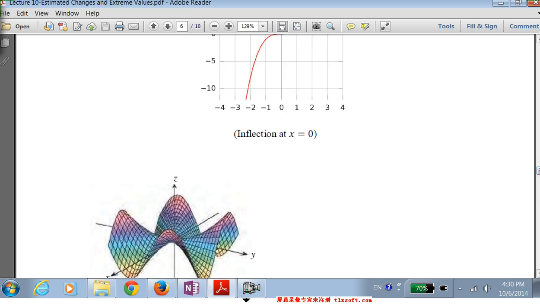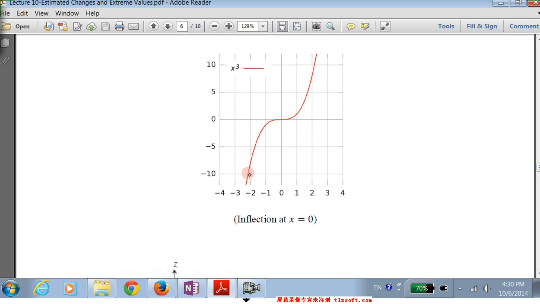It's very much like a scalar function. So this is a scalar function, y equal to x cubed. If you draw it out, it's like this. And if you do the first derivative test, first derivative meaning 3x squared equal to 0, that gives you x equal to 0. That's a critical point, stationary, right?